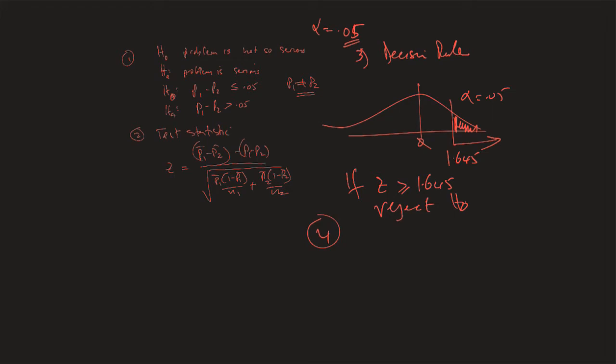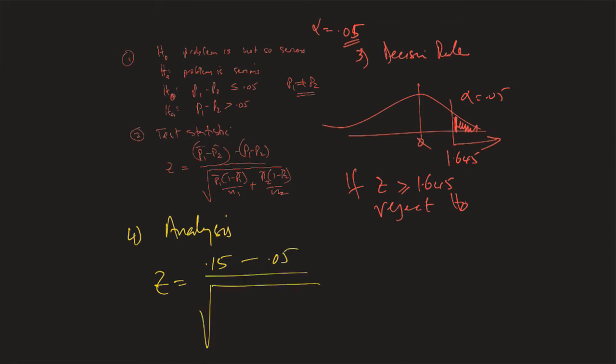So let's do that over here. 4, analysis. We would have Z is equal to the difference. The sample difference is still 0.15, but now the P1 minus P2 is 0.05, and we do the 0.52 times 0.48 over 200 plus 0.37 times 0.63 over 200.